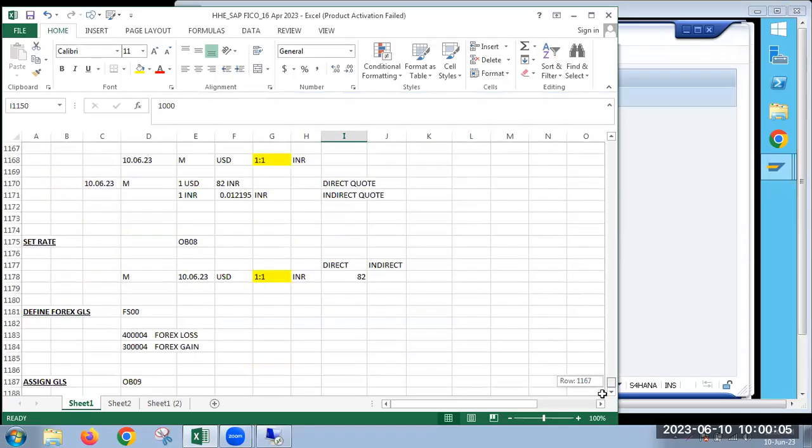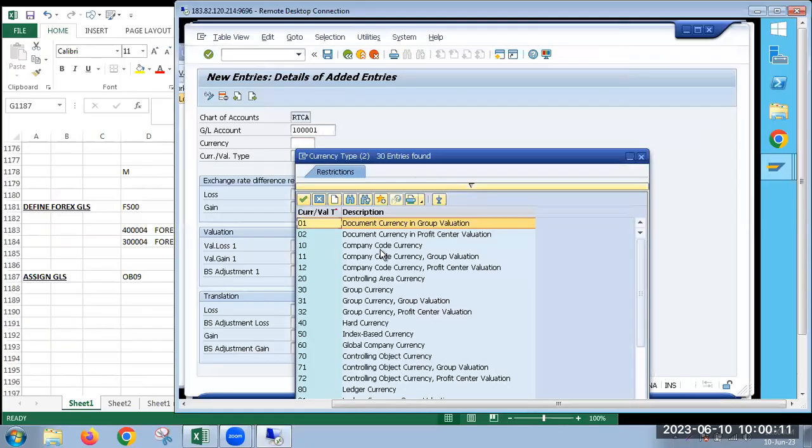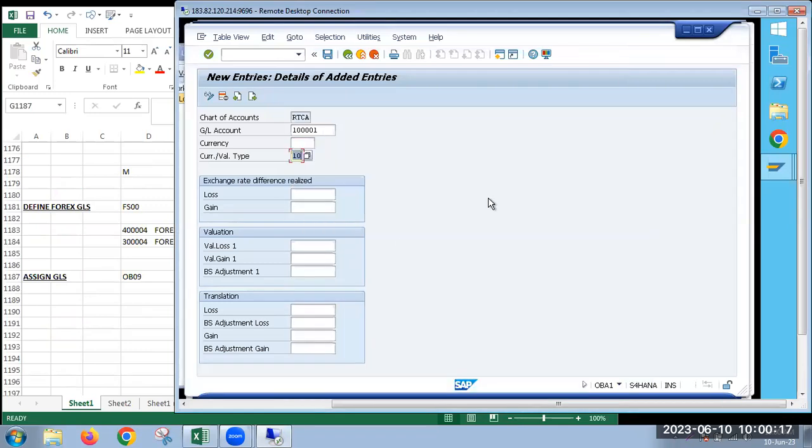Now, for that one, what we do is, currency type we specify as company code currency. So whichever company code we use, the system will take that currency as the amount posted currency. No need to specify the currency.